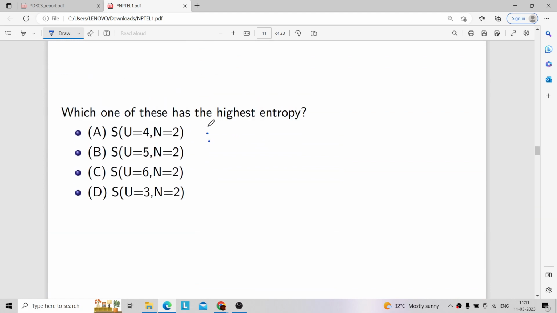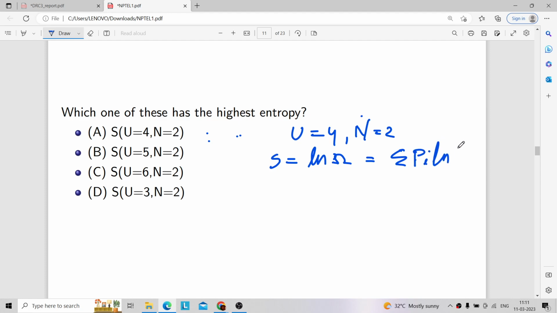We are asked U equal to 4 and number of particles equal to 2. What is the entropy? We can use this ln of omega formula, or this enumeration form, summation over pi ln pi, for this particular configuration.